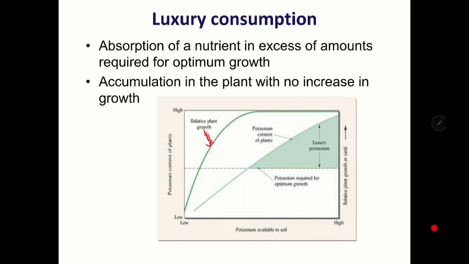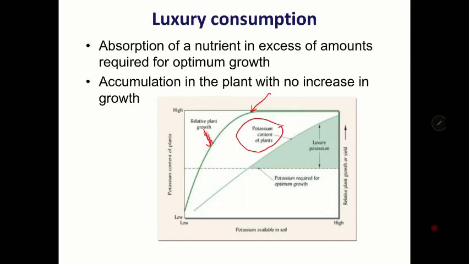So that green line is the growth of the plant, and you can see along the x-axis, as you increase potassium available in the soil, that growth increases up to a point, but then it maximizes right about there. Beyond that, you're not getting more yield, even if you have more potassium available in the soil. But the potassium content of the plants continues to increase with more potassium available in the soil.